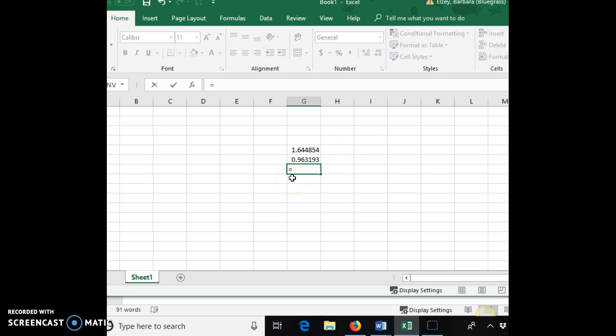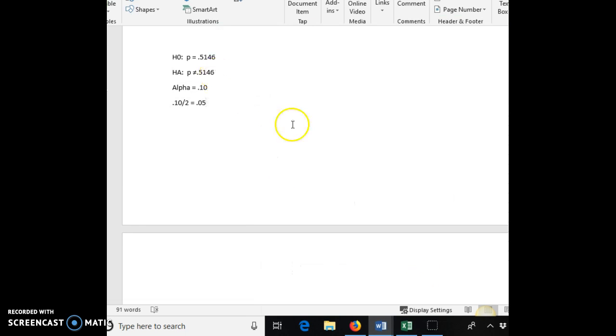Equal norm.s.inv 0.05, and we're expecting this to be negative 1.645, because it's the same as 90% confidence. So we'll have that z is negative 1.645, and of course its opposite, positive 1.645. And these are our critical values.